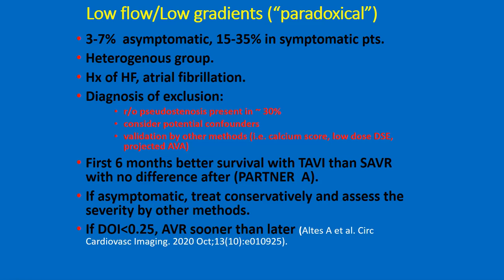And the dimensionless index, meaning the ratio of LVOT TVI by aortic TVI, less than 0.25 brings a poor prognosis, as shown in a recent paper from a general hospital, and these patients should be sent to aortic valve replacement sooner than later. So DOI value in this group of patients should be taken into consideration as a risk stratification variable.